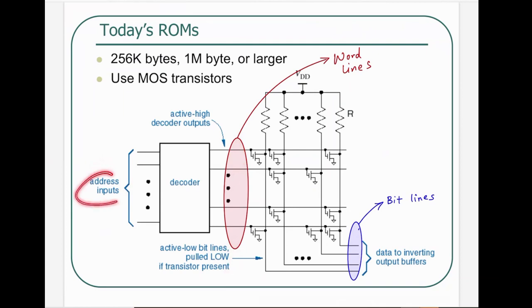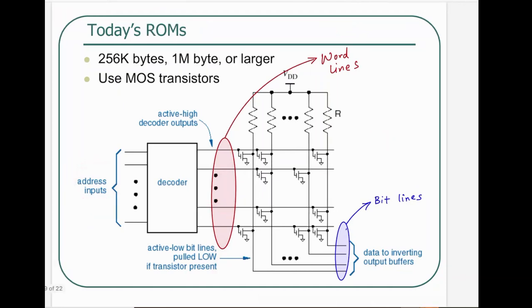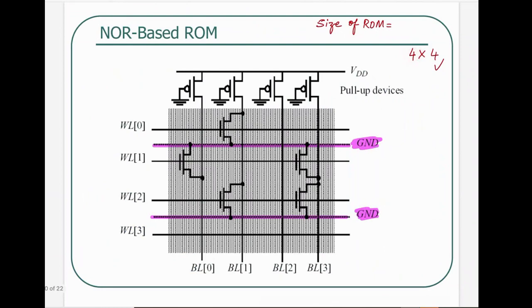So the number of address inputs in our example is simply 2, right? So it's becoming 2 to 4. So you can say number of word lines over here, and number of bit lines over here. So it's going to be 4 by 4 because there is no decoder shown over here.